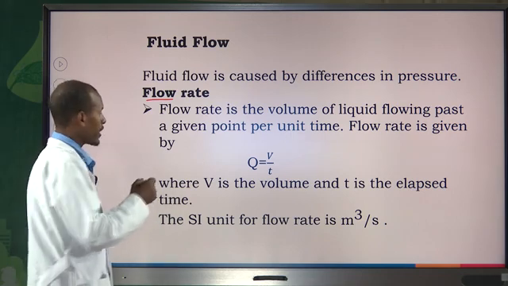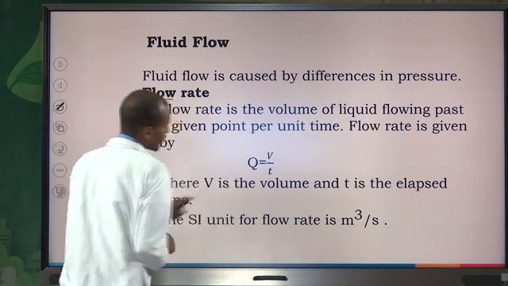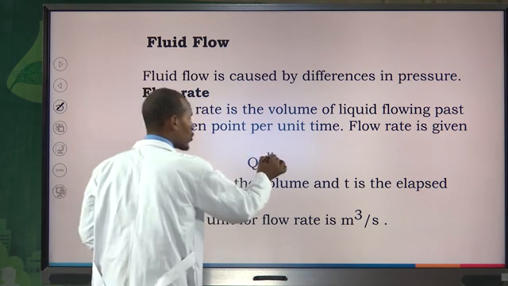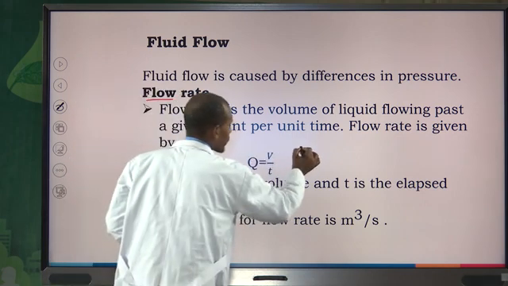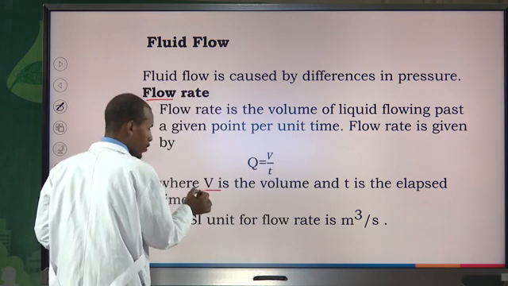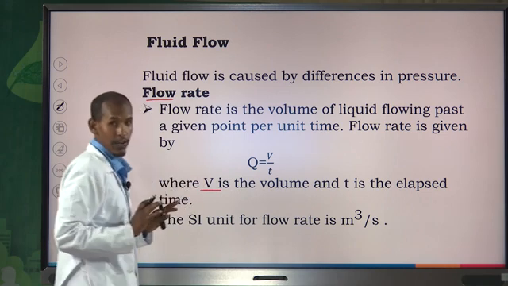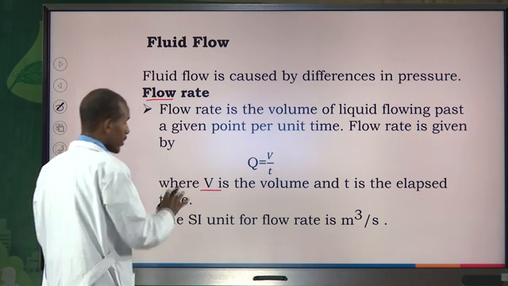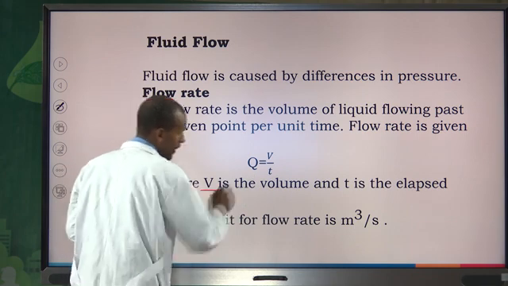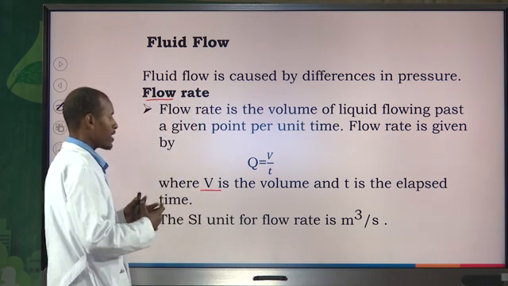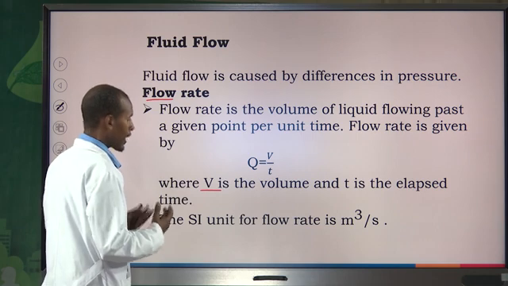Flow rate is given by Q, which means flow rate, equal to V over T. V is the volume. Don't confuse, it is not velocity. It is volume, and T is the time elapsed for flowing a given fluid.